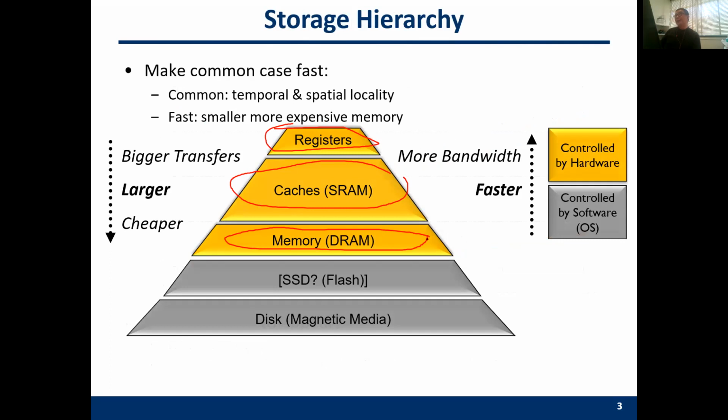Nowadays, you can buy 32 GB or 64 GB, even on the same DIMM. So they are very large, but also very slow. So in order to mitigate the performance gap between them, we need a SRAM to serve as a cache.